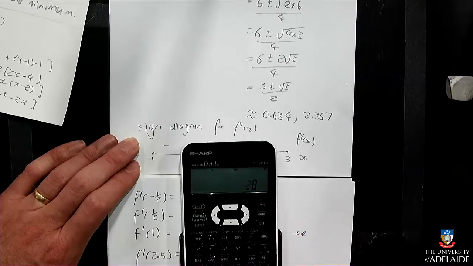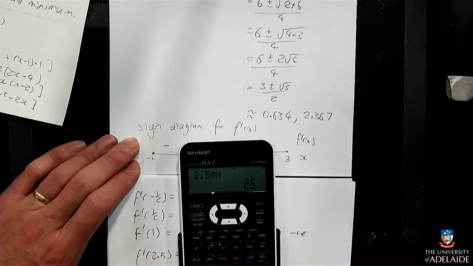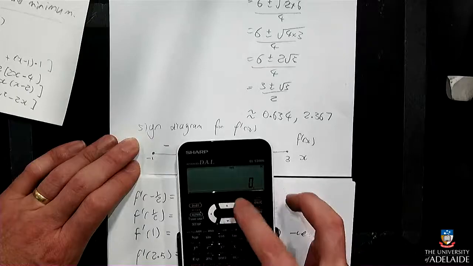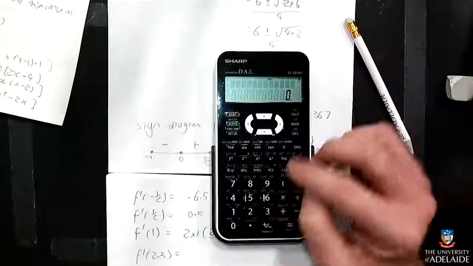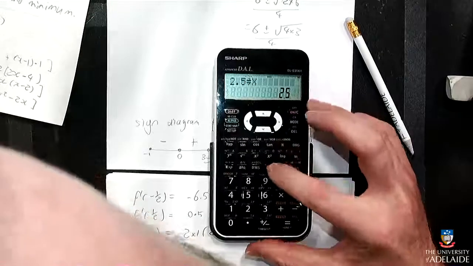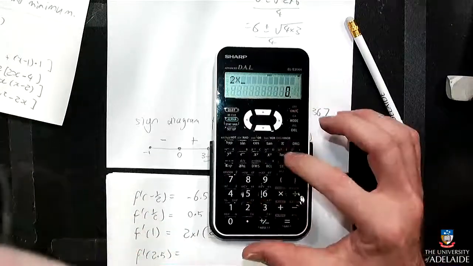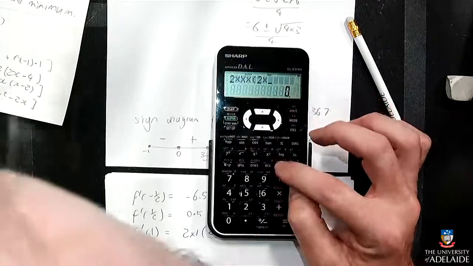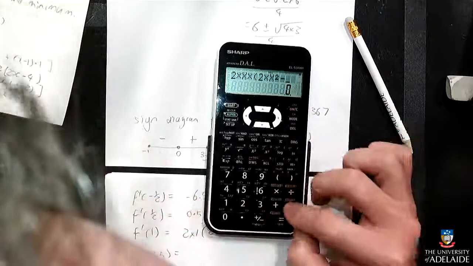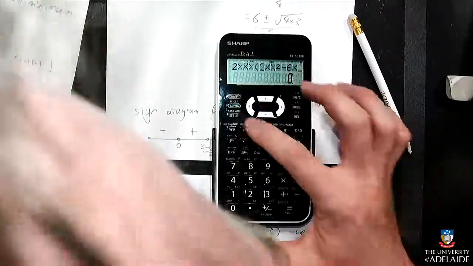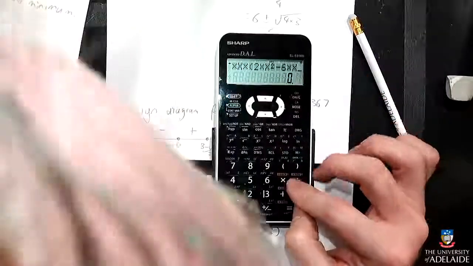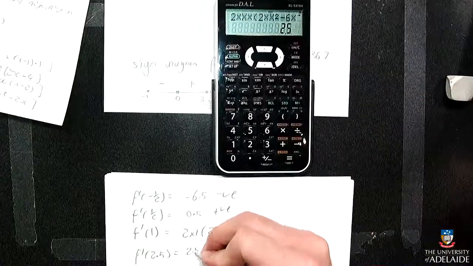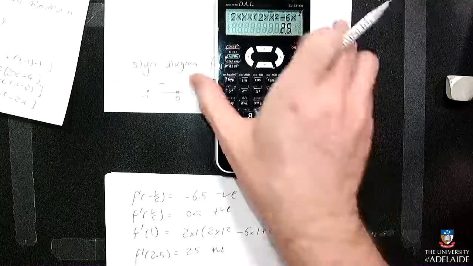Oh no, I did something wrong. 2.5 store in X. Let's do that again. 2.5 stored in X, and then 2 times X times 2 times X squared minus 6 times X plus 3, 2.5. Wow, that's pretty interesting. So that's positive.